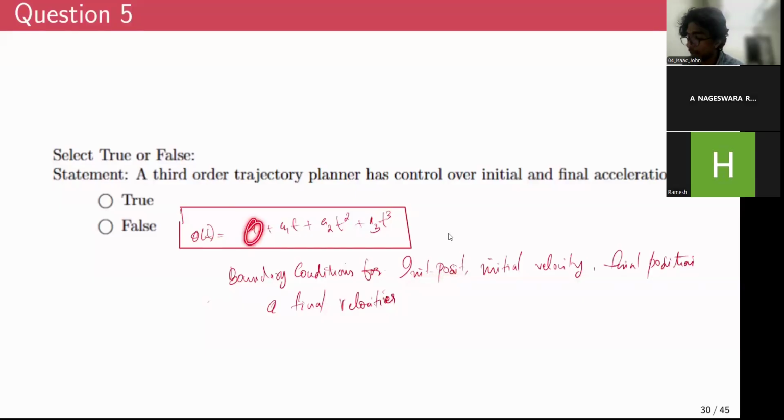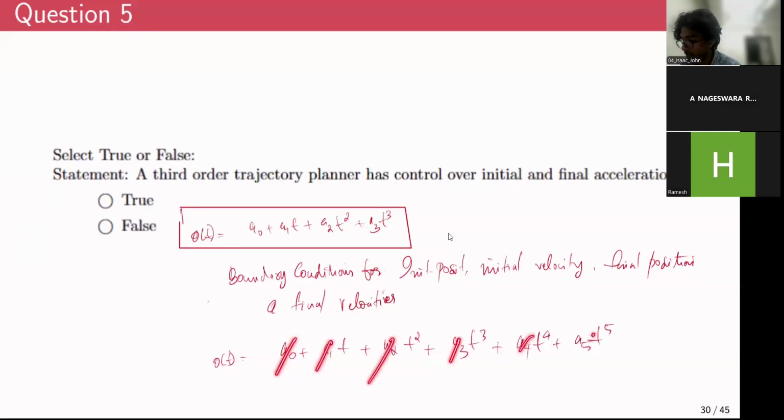So since we only have these four coefficients, we can only have control over these four boundary conditions. But if you are using a quintic polynomial, theta of t is a0 plus a1t plus a2t square plus a3t cube plus a4t to the power 4 plus a5t to the power 5, we have six coefficients: 1, 2, 3, 4, 5, 6.